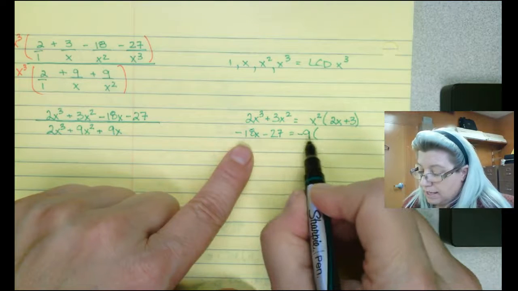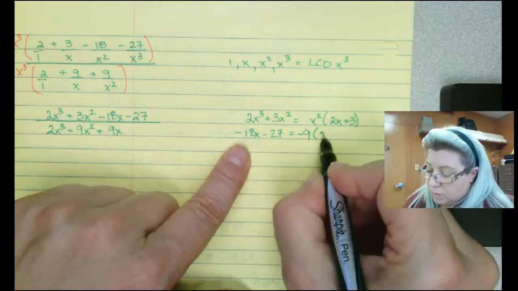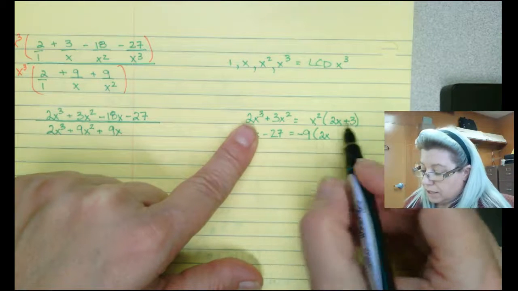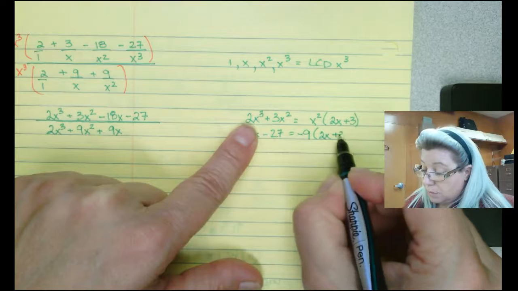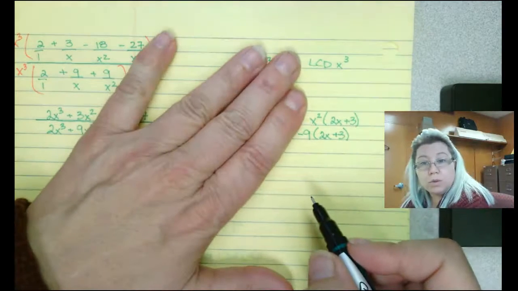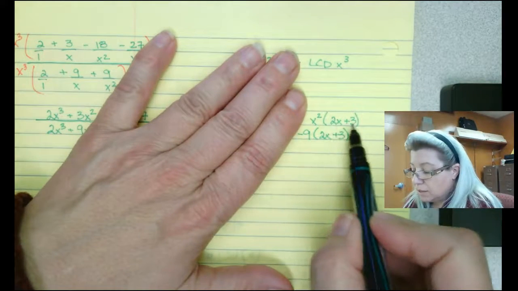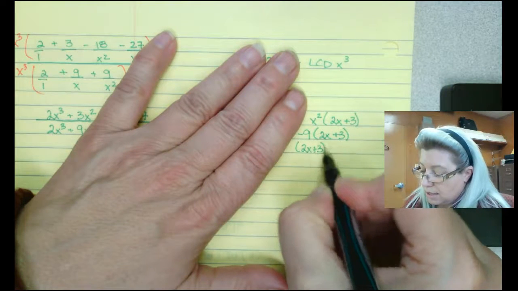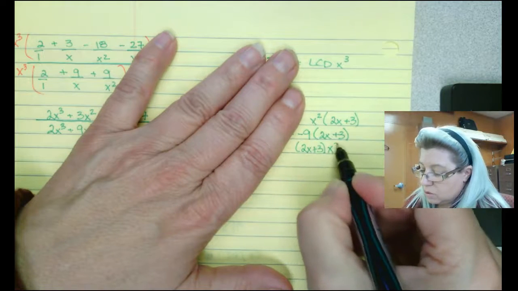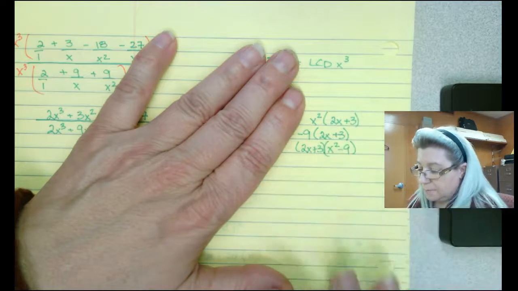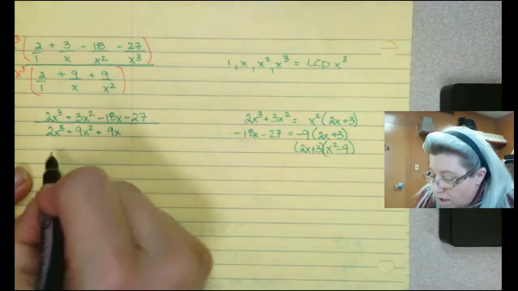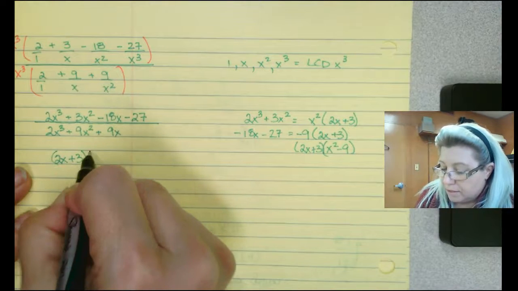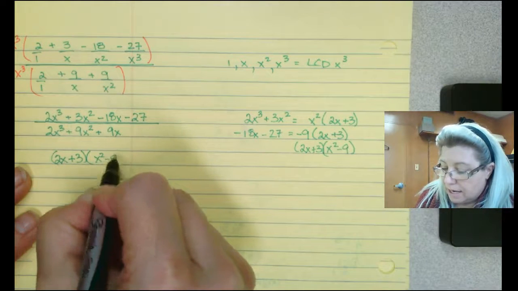So if I pull out a negative 9 out of negative 18x, that leaves 2x. A negative 27 divided by a negative 9 is a positive 3. Now looking at those two groups, they have a 2x plus 3 in common, and then an x squared minus 9. Okay, so here's my top value so far: 2x plus 3 times x squared minus 9.